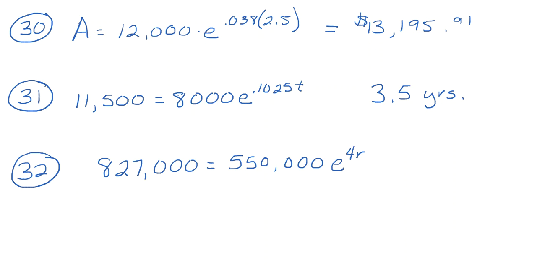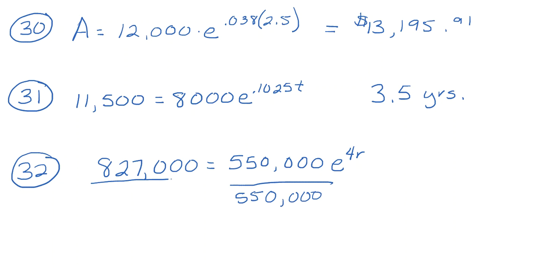All right, what's different about 32? They did not tell us the interest rate, and that is what we need to find this time. So again, putting in the values where they belong, we started with just over 500,000, ended with over 800,000 after the 4 years. So putting those numbers in, and once again, divide both sides by the 550,000.